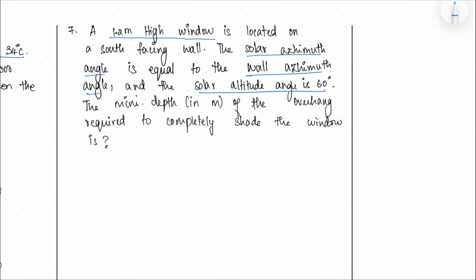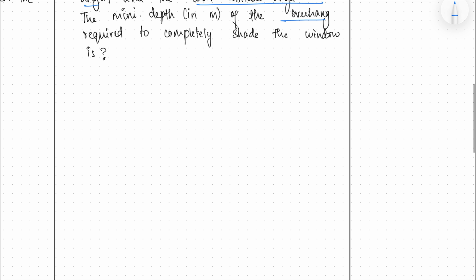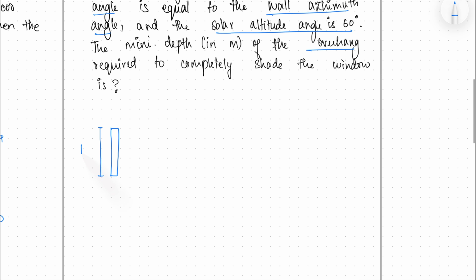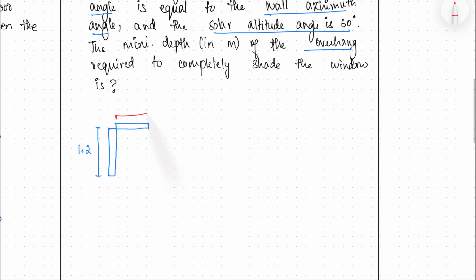And they asked us to find the length of the overhang. Okay, so I'll just draw it here. So this is your window and its height is given as 1.2 meter. And they've asked us to find the height of the overhang. This we have to find.